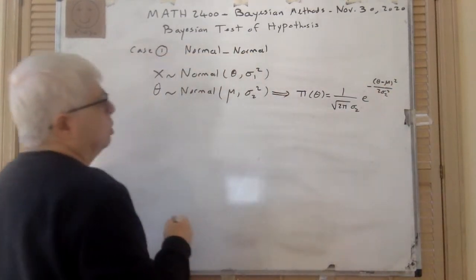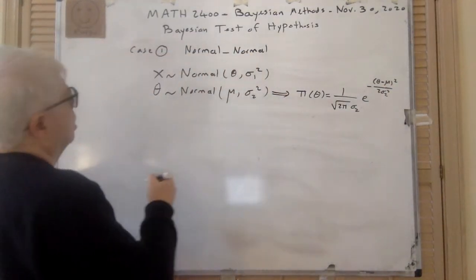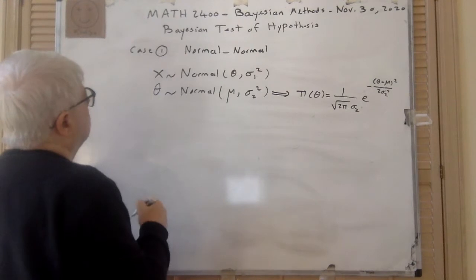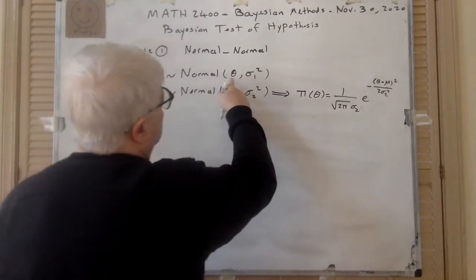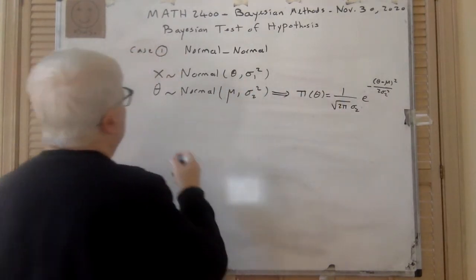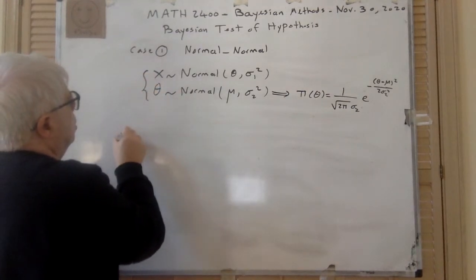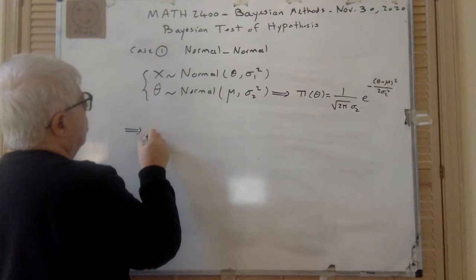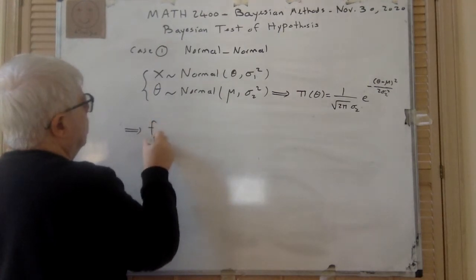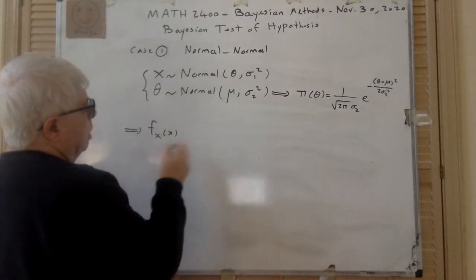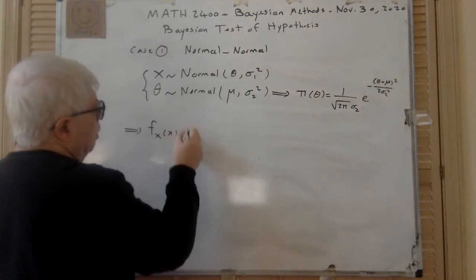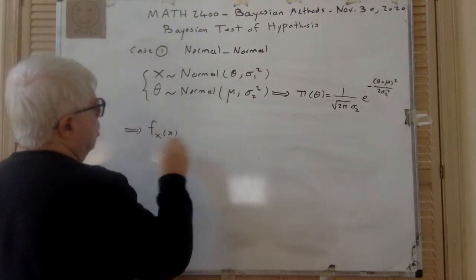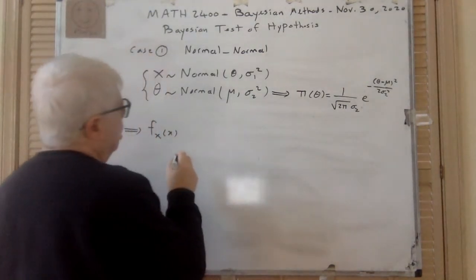So that gives me pi theta, and also the other one, except here we have x minus theta on top. And this gives me 2 things. First of all, it gives me f of x.